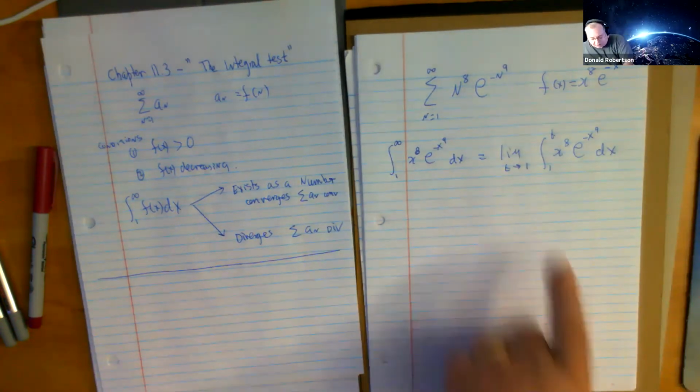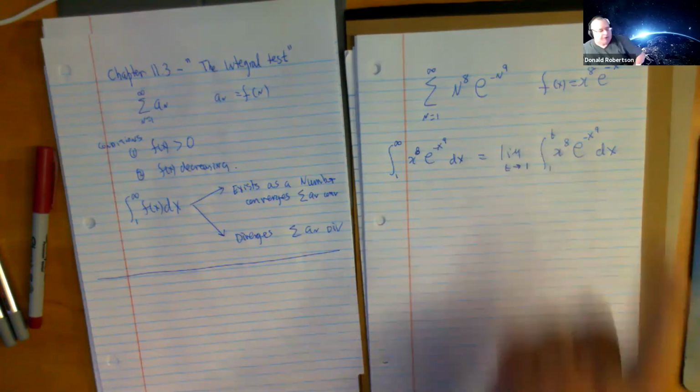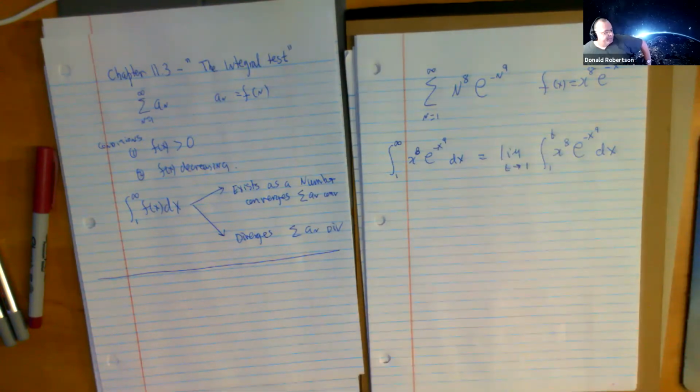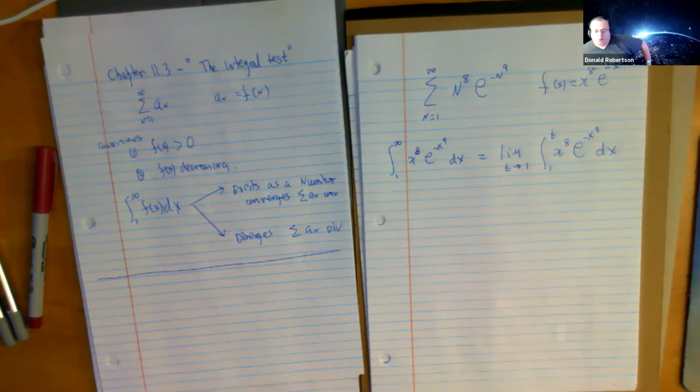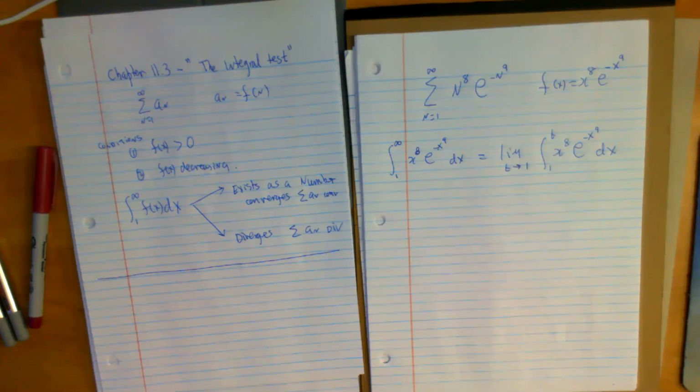What technique am I going to use to integrate him? There's really two candidates, but only one of them works. Thinking integration by parts, that would be one candidate. And what's the other candidate? U sub. Right, and only one of them works.